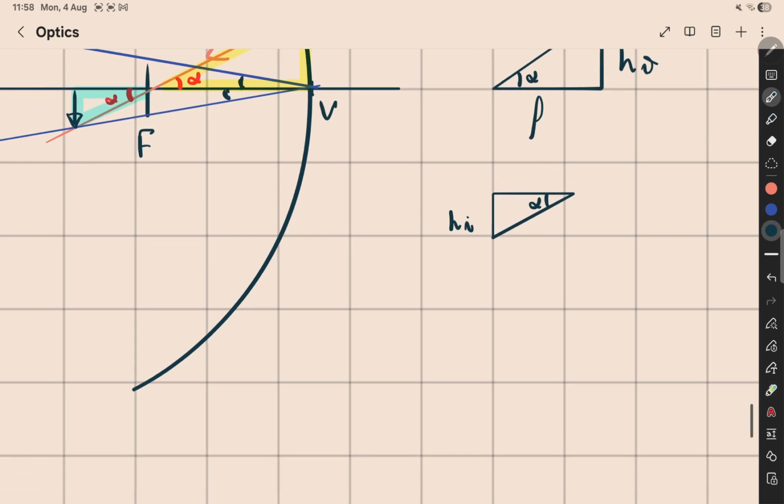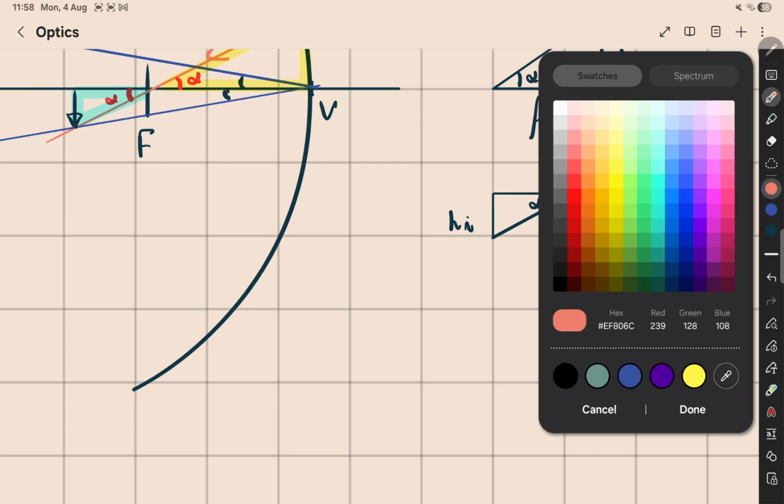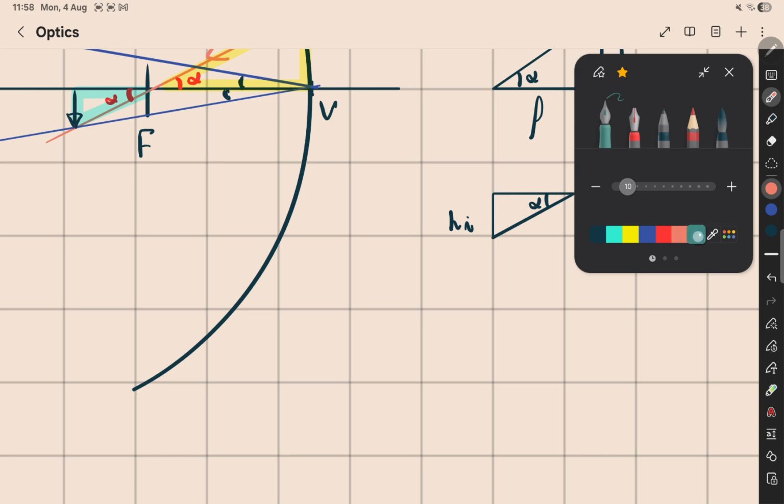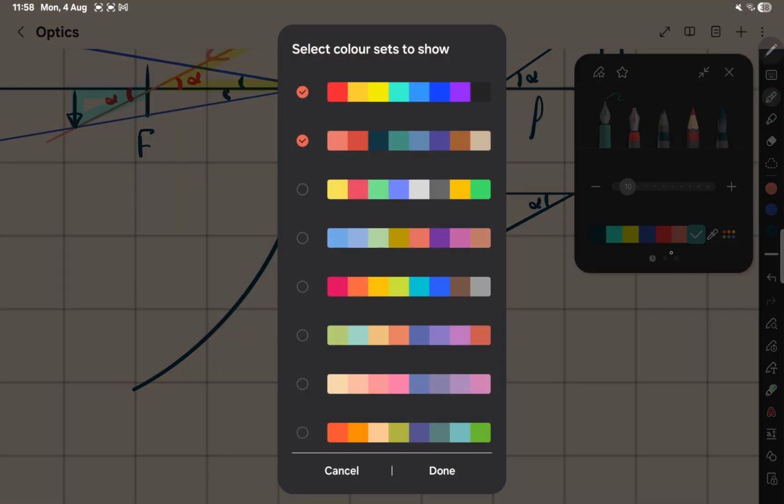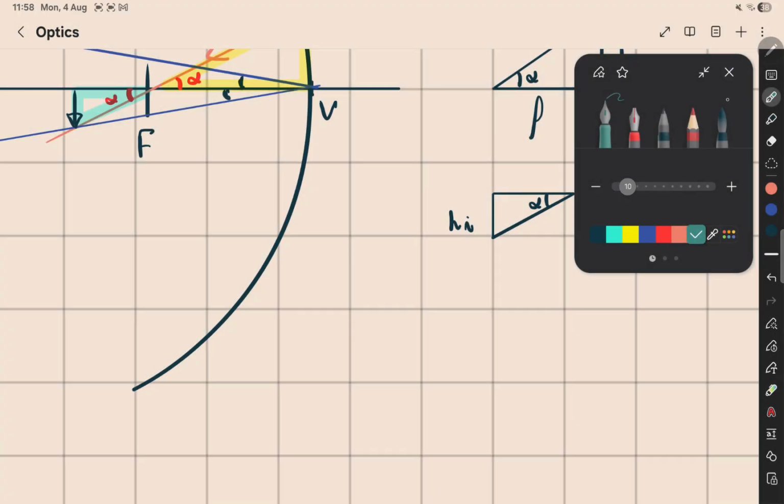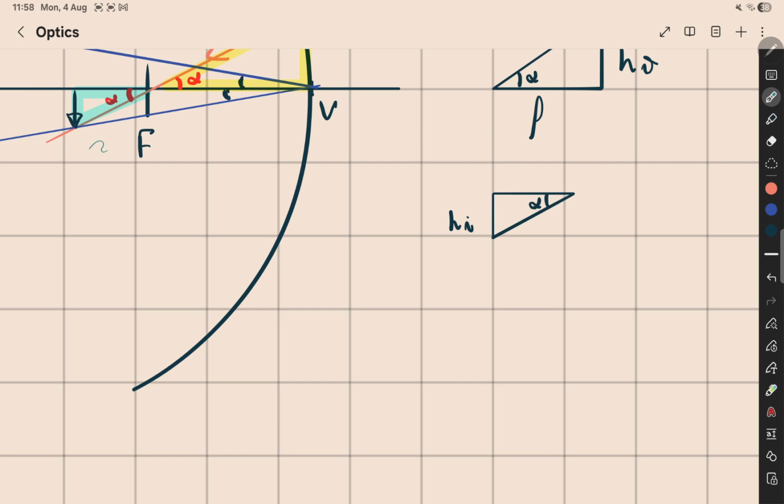So let's look here. I'll use purple, let me choose a different color. So if I take this total distance here that I've drawn, this total distance is the distance that the image is from the mirror, okay?